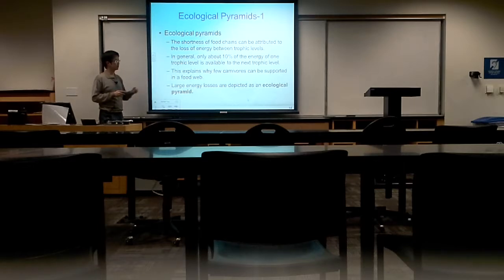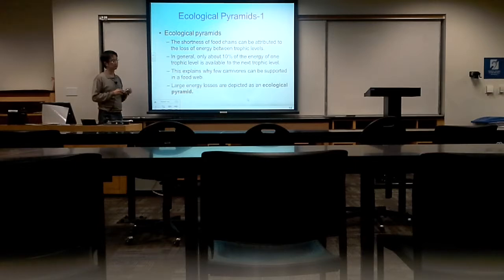It explains why only a few carnivores can be supported in the food web. The higher you are in the food chain, the fewer animals of that kind you can find. Although they can eat a lot of different stuff, they require a lot of energy as well, and only 10% of the energy can be transferred to each trophic level.